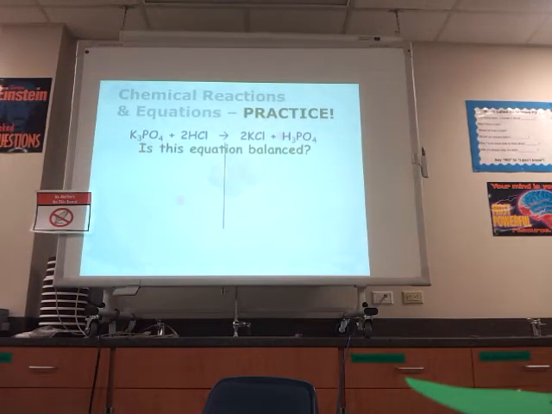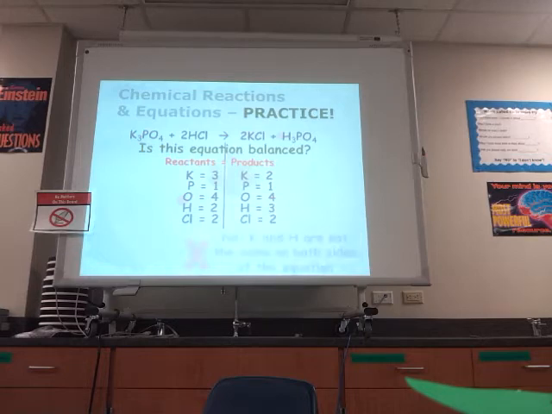Just another practice. We'll get lots of practice with this in class. Reactants, we've got 3 potassiums, 1 phosphorus, 4 oxygens, 2 hydrogens, and 2 chlorines, and we end up with 2 potassium, 1 phosphorus, 4 oxygen, 3 hydrogen, 2 chlorine.